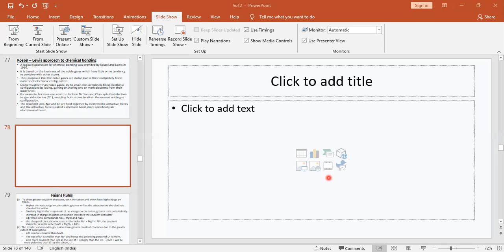If we take the example of hydrogen fluoride, hydrogen and fluorine will be attached with a bond. It is said to be a polar covalent bond because here the electrons will be shared with each other. Hydrogen shares one electron and fluorine shares another electron. So that refers to the covalent bond, right?